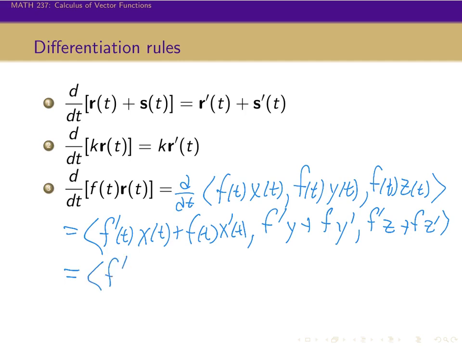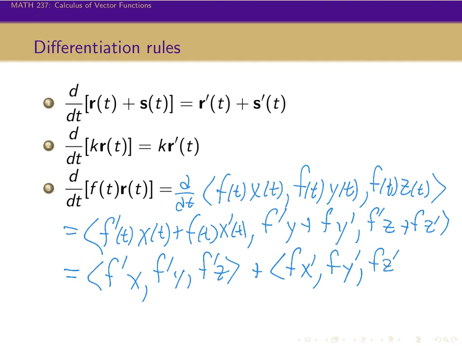So we'd have f prime x, f prime y, f prime z plus f x prime, f y prime, f z prime. And then since each of these has an f prime in it, and each of these has just an f in it, those scalar functions can be pulled back out.